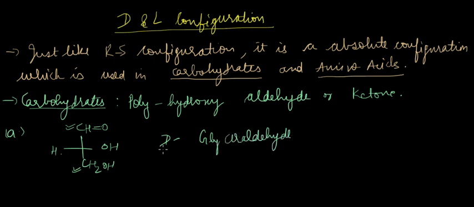Okay, so we will arrive at how we name it as D, but for now I'm just giving you the example. One or two more examples. So we have something like this. Let me draw in a separate line.